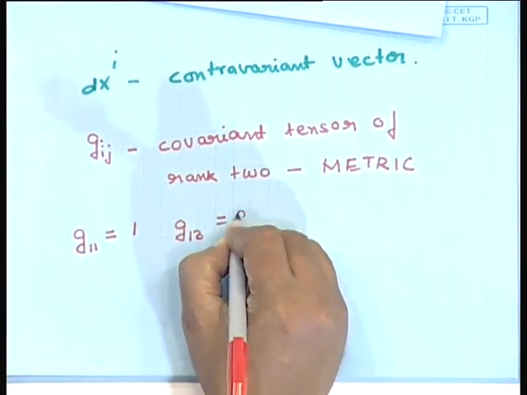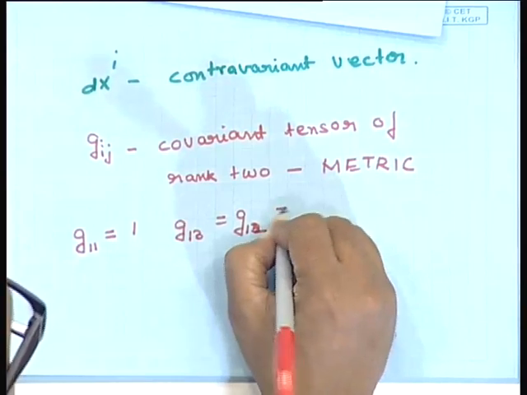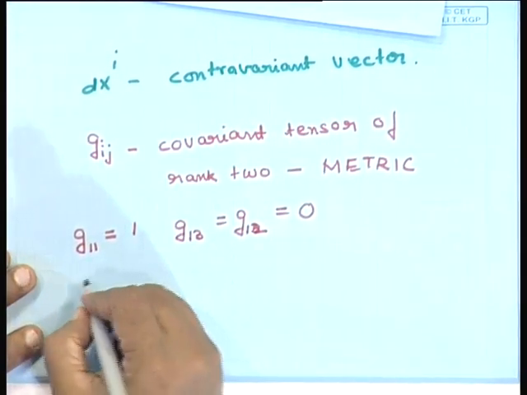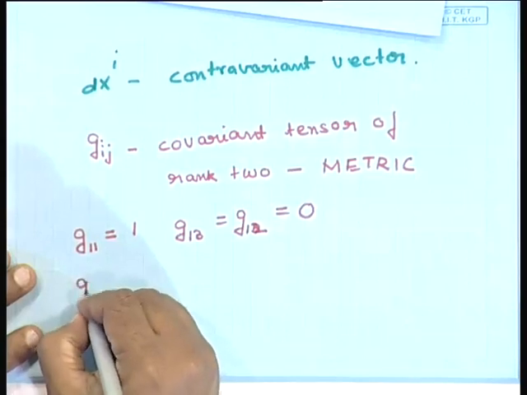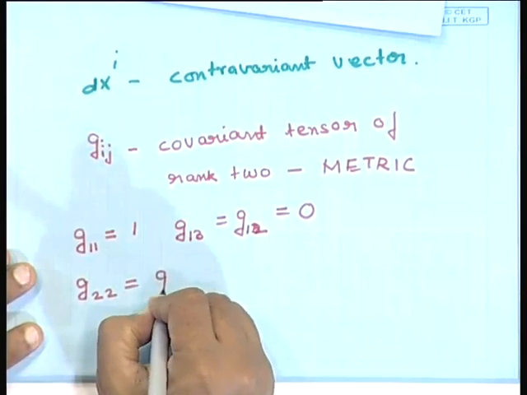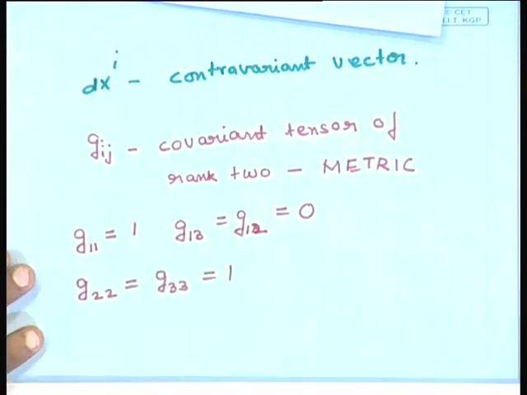G12 is equal to G13, which is equal to 0. So the only non-zero terms that appear in this metric are G11, G22 and G33, and all of them are 1. The rest of the terms are all 0.